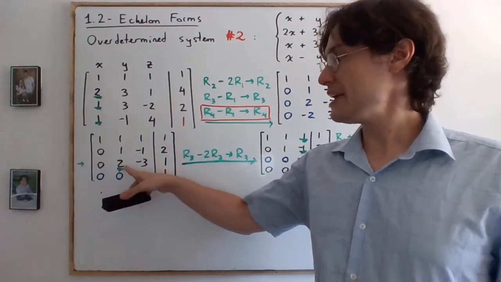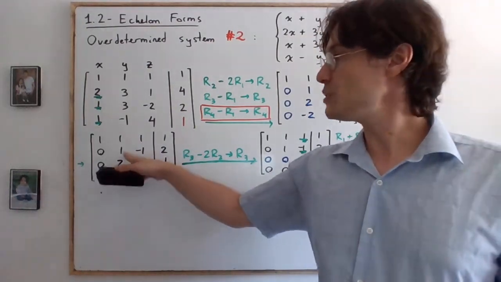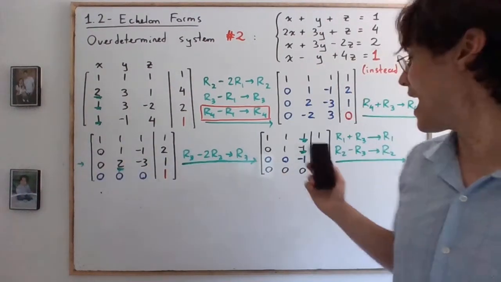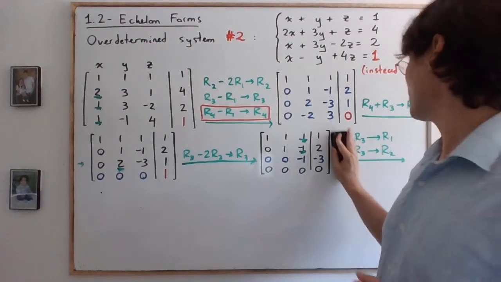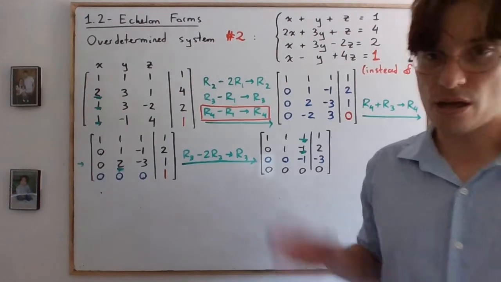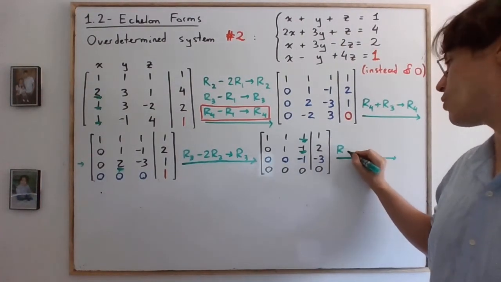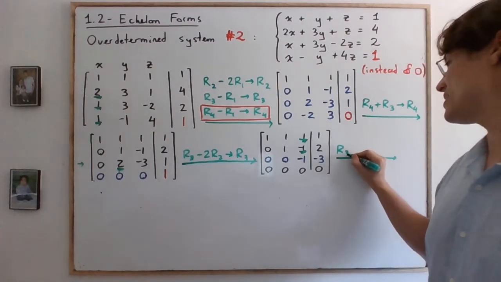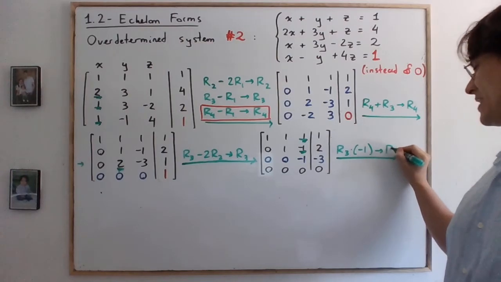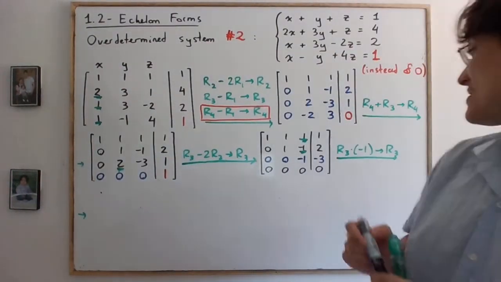However, if you wanted to really bring this into row echelon form, you would perform this row operation and you would get this. And to get the matrix that is in your lecture notes, notice that this is really not necessary. The last row operation you need to perform is row 3 times negative 1 becomes the new row 3. And then what you have is exactly the matrix.